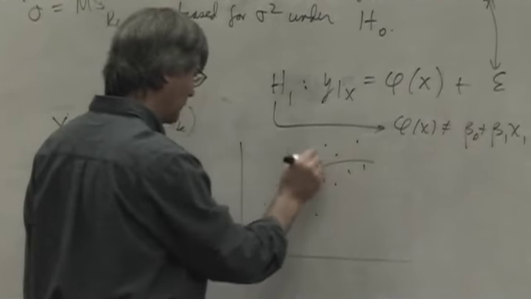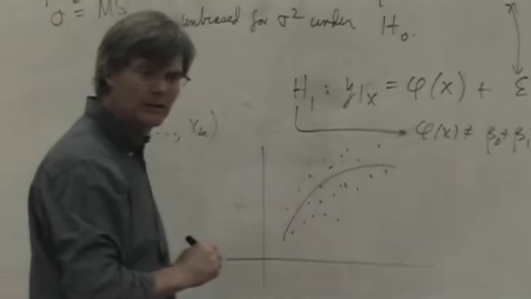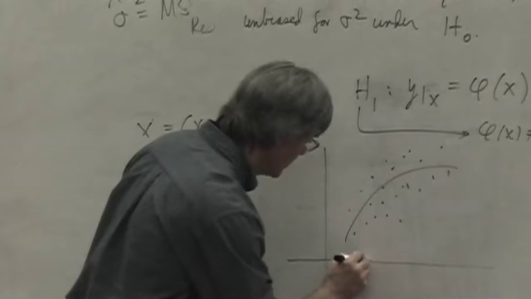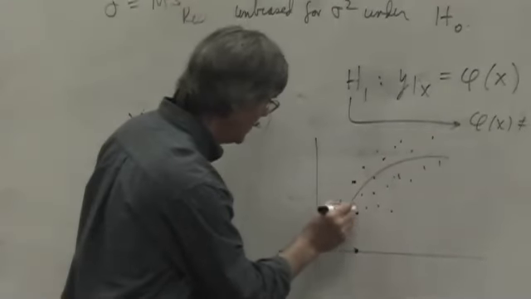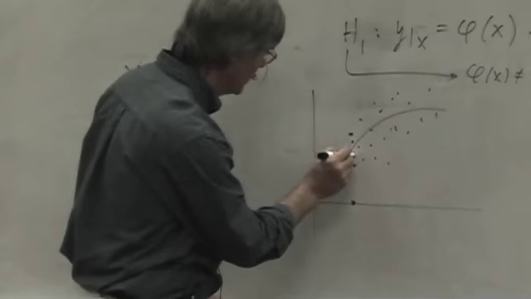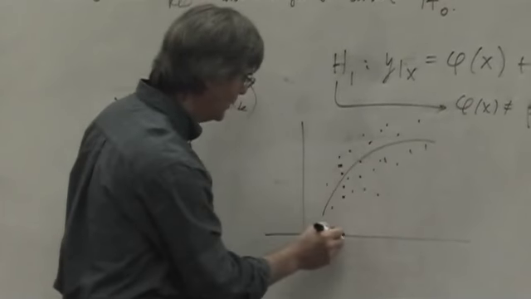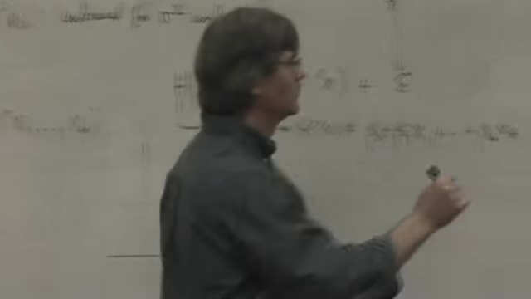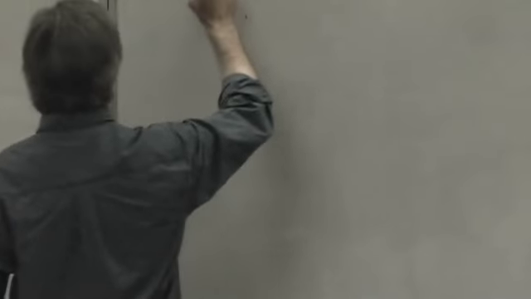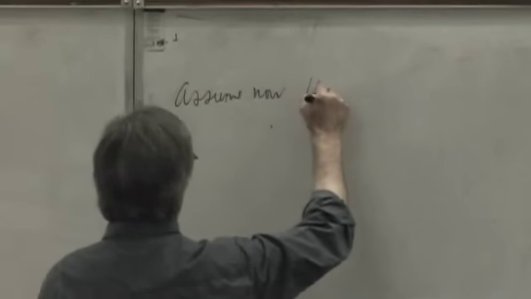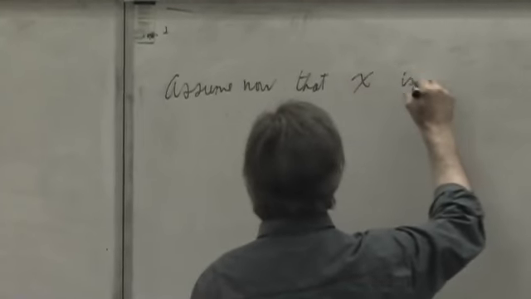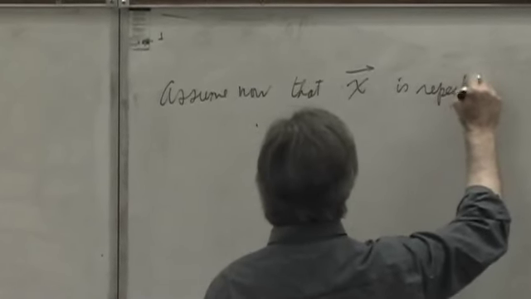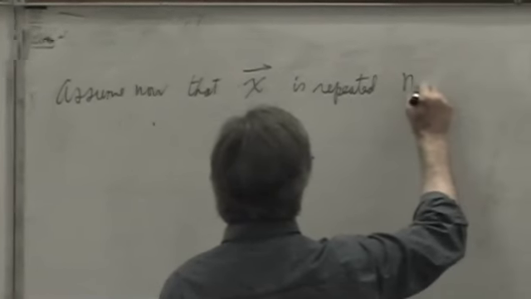Not quite as obvious. But how could I get an estimate of sigma squared? I could do it as follows. Suppose I had repeated x values. Actually what I've got here is a bunch of different y values at this one x value. So assume now that the vector x is repeated n sub x times.